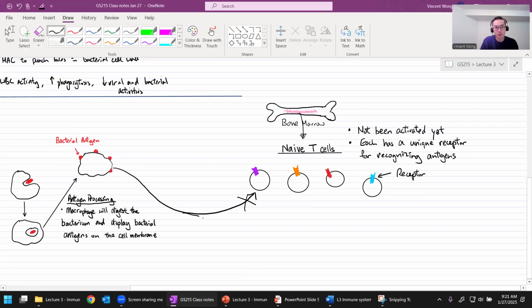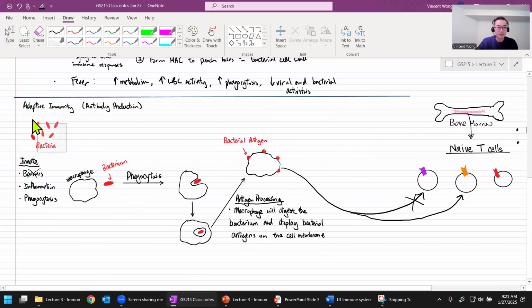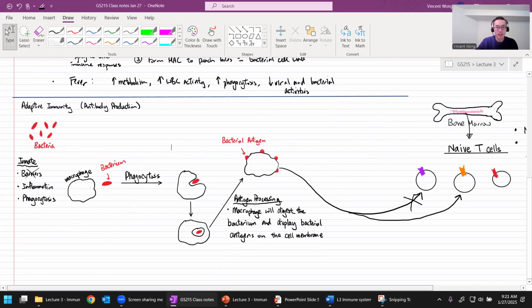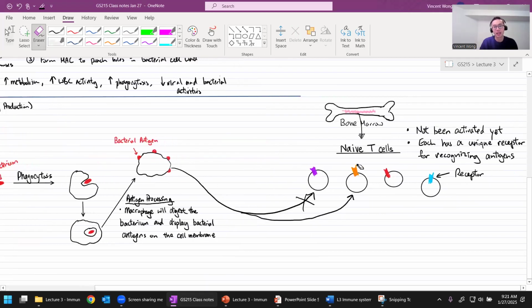And then our macrophage will go visit another naive T cell. It's like, hey, can you help fight the invading red bacteria? And then this guy will say, nope, I only have receptor for the orange kind. So it will move on and keep on checking and checking until it finds the correct naive cells, right?